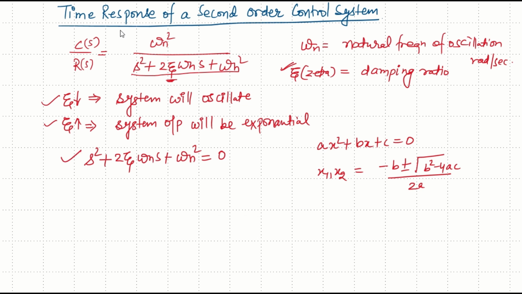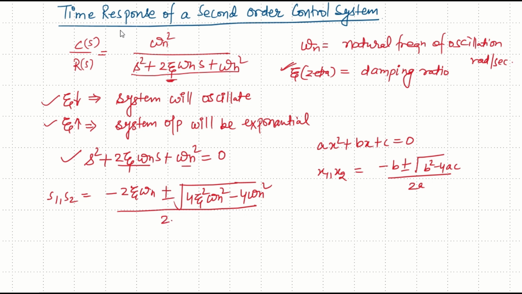The two roots s1 and s2 are given by minus 2 zeta omega n plus or minus square root of 4 zeta square omega n square minus 4 omega n square, divided by 2a, where a is 1.